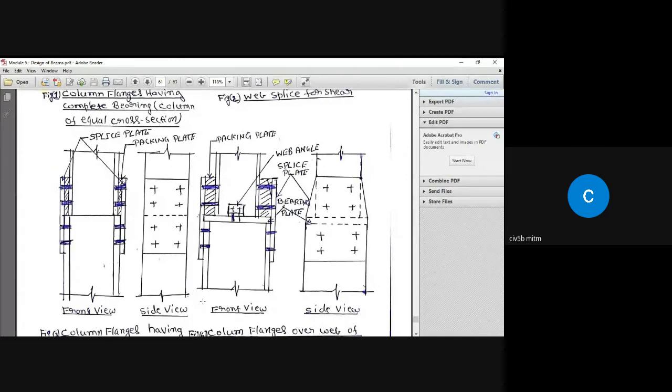As a result of the pull between compression and tension zone, the beam takes a twist. That is called torsional buckling. There is going to be a torsional moment. So the combination of lateral buckling because of sideways movement and torsional buckling, we call lateral torsional buckling. They may ask you in theory to explain lateral torsional buckling.